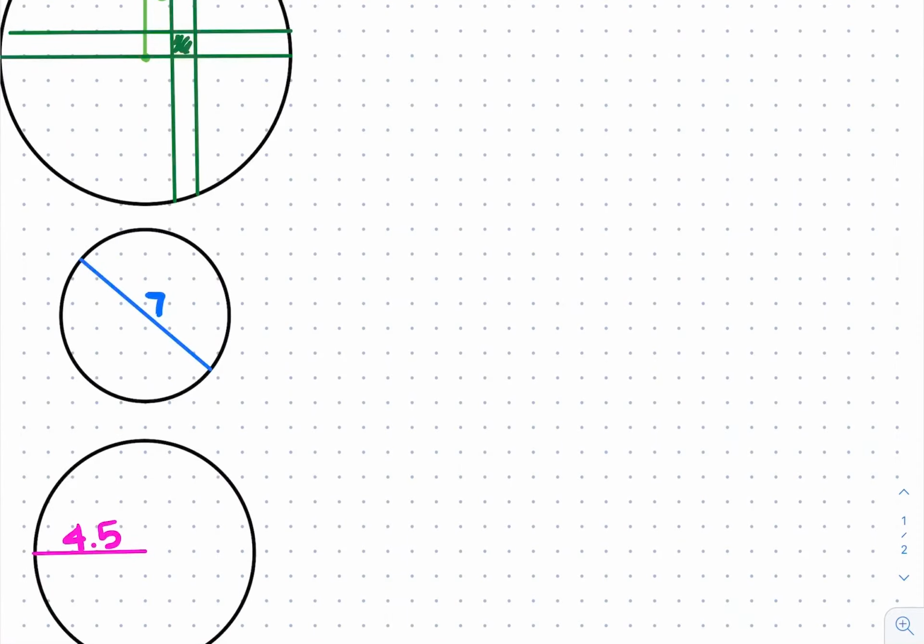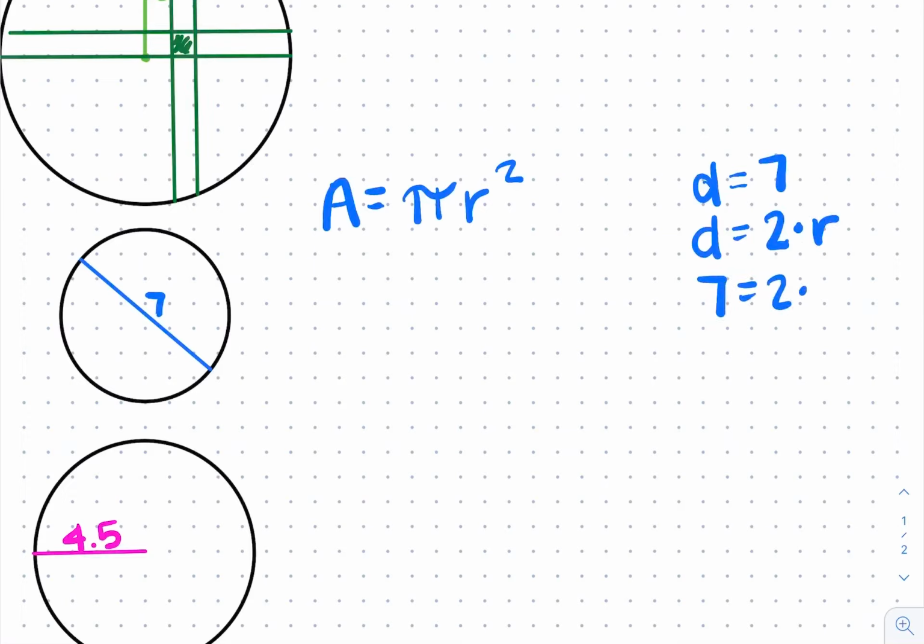So again, our formula is area equals pi times radius squared. We have a diameter of 7. Remember our diameter is 2 times the radius. So 7 must equal 2 times the radius. Our radius is going to equal 3.5.